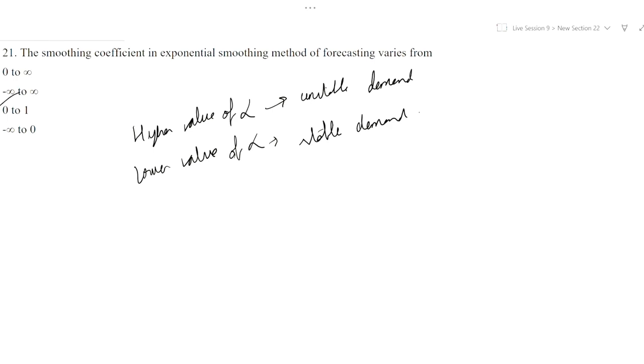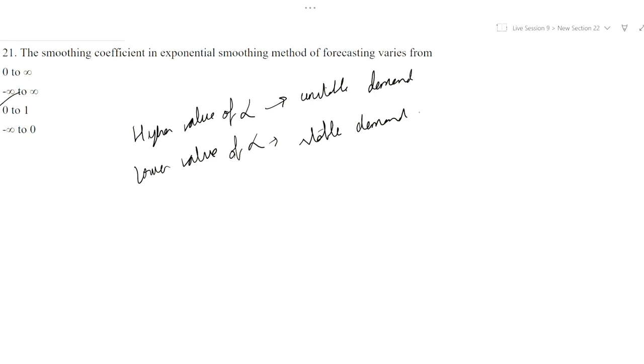So when there is a higher value of alpha, this means more weightage is given to demand than forecast. Smaller value of alpha means more weightage is given to forecast than demand. So when we have a higher value of alpha, there will be a smaller smoothing effect.